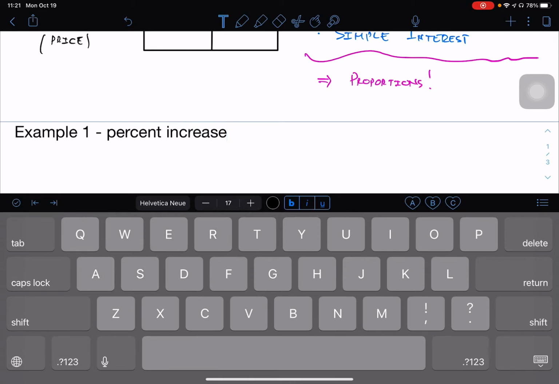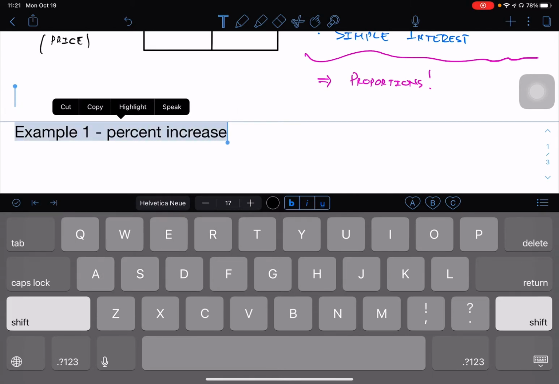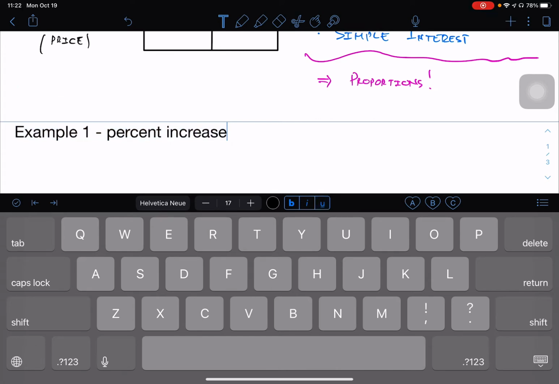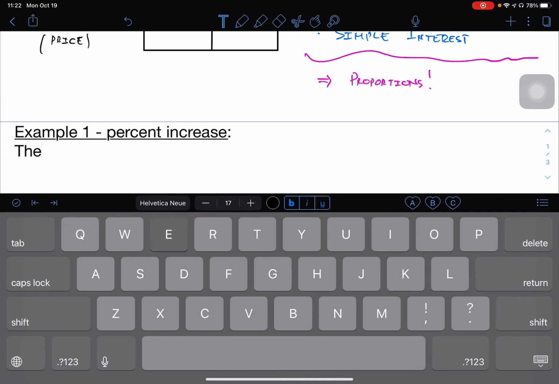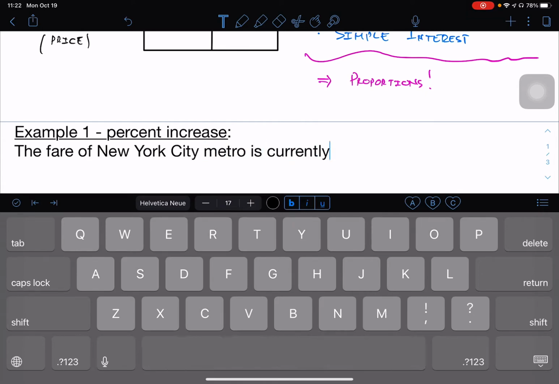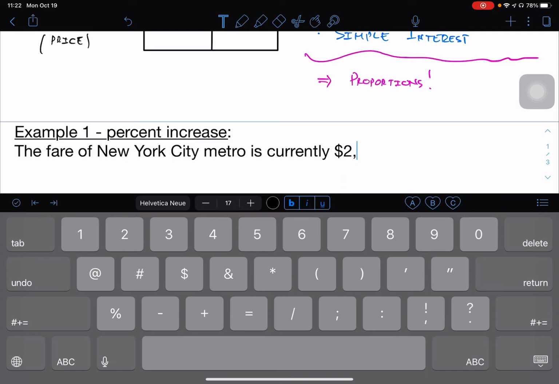So say the example is the fare of, let's say, NYC Metro is currently $2.75.